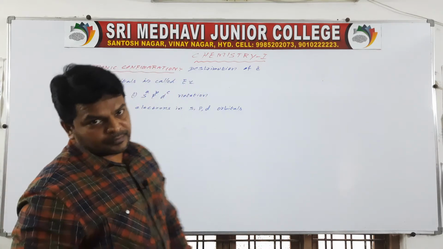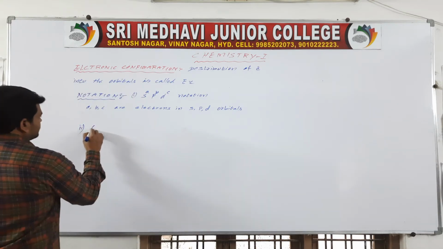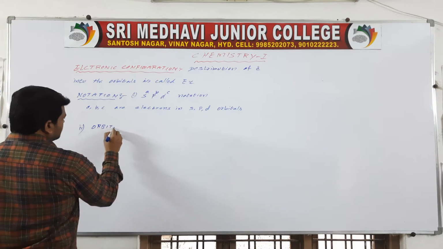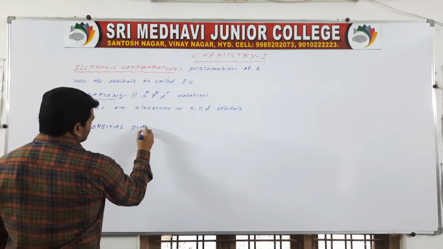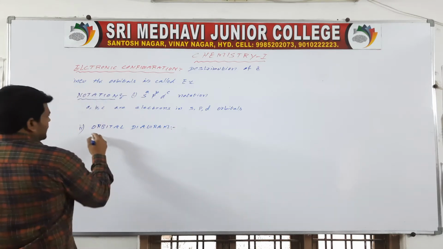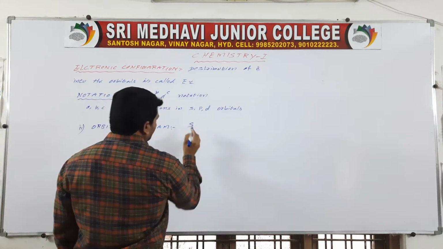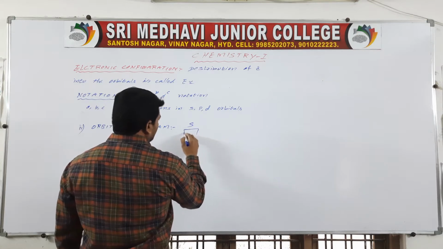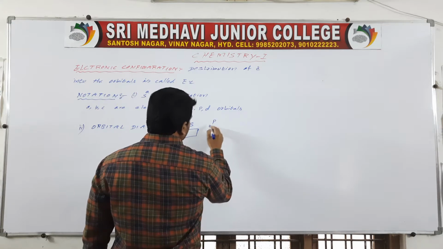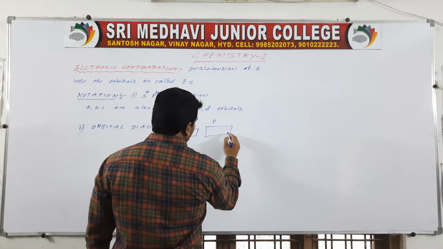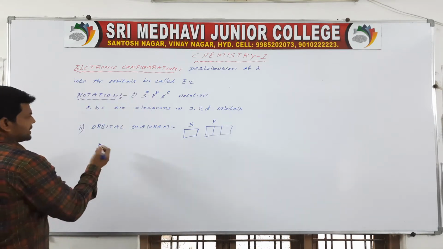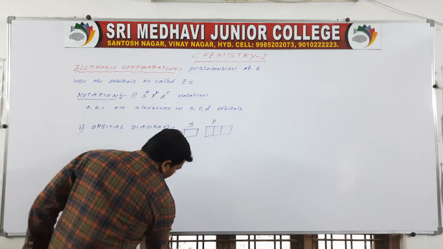The second one is the orbital diagram. Orbital diagram means the s subshell has only one orbital, the p subshell has 3 orbitals, and the d subshell has 5 orbitals.